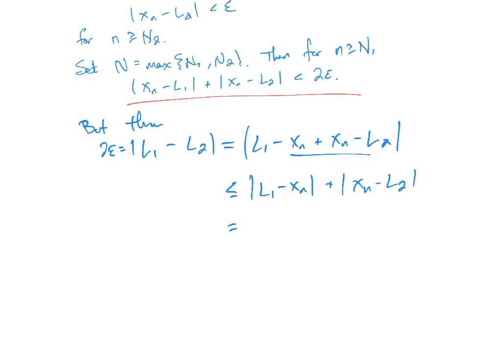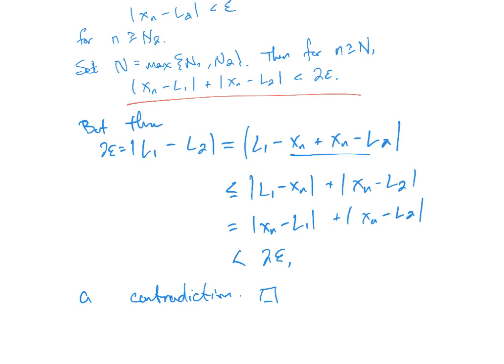And now that's the same as the distance between xn and L1 plus the distance between xn and L2. But each of those distances is less than epsilon. So I have produced the contradiction that 2 epsilon is less than 2 epsilon.